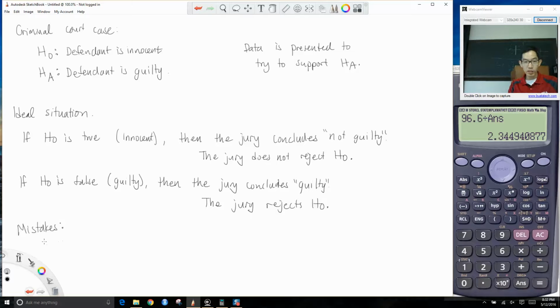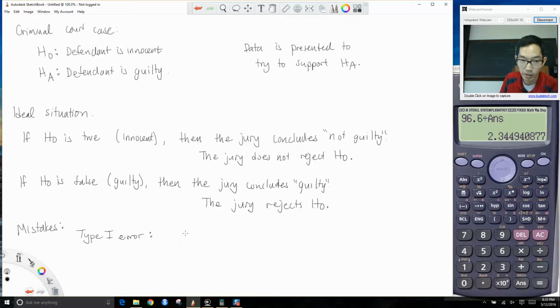Okay, so what is a type 1 error? Type 1 error is a false positive. It's rejecting the null when the null is true. So what would that be? He was innocent, but they found him guilty.